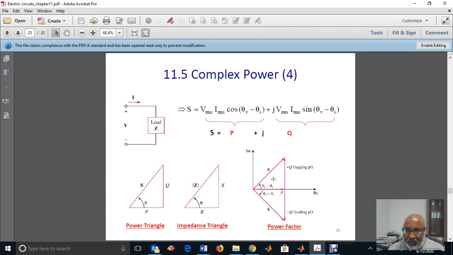So if I have P here, for example, and for an inductive type of load, I have Q positive, lagging power factor.